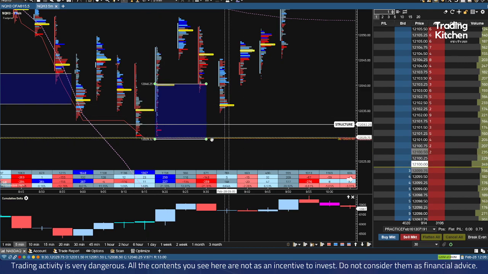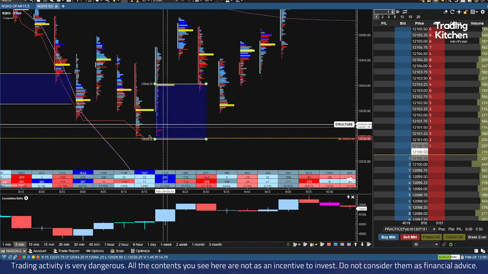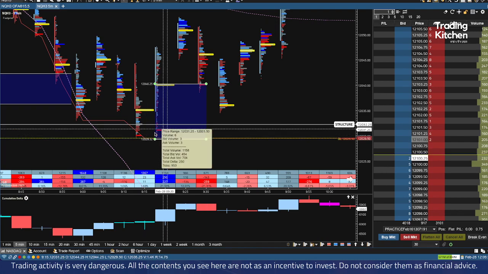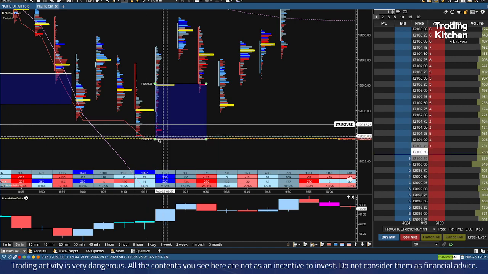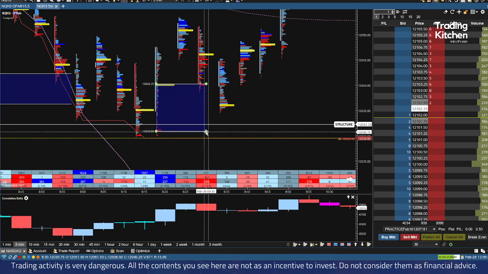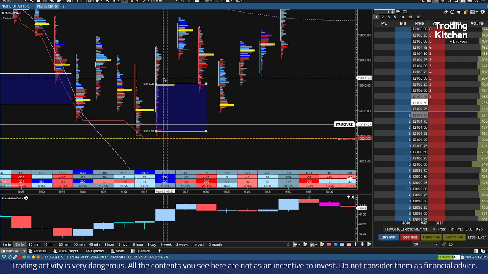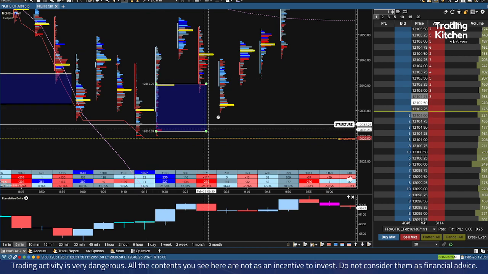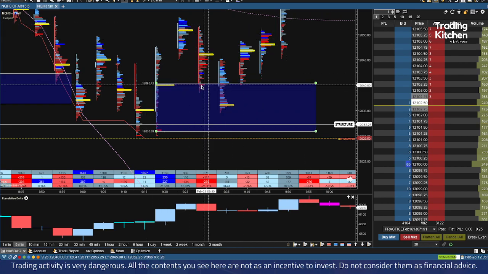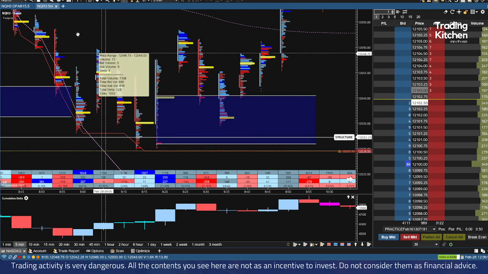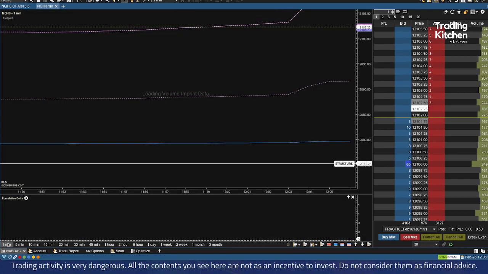Okay, and then we have aggressive trapped sellers here. This is my stop loss. Okay, so this is how I make my zone perfect. Then I will wait for the price to retest here, and make another trigger here, maybe on 1 minute time frame.